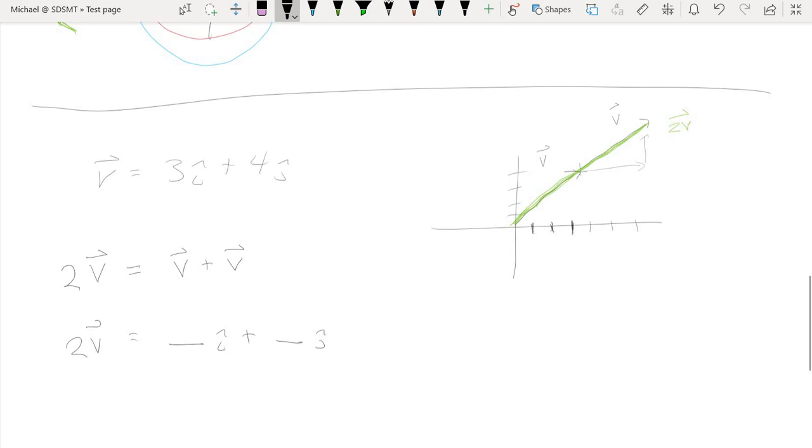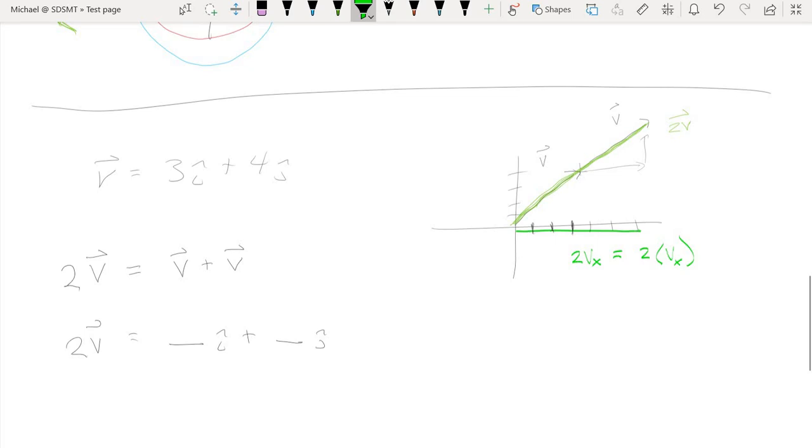And so my resultant vector will have an x component that is twice the size of the individual x component.